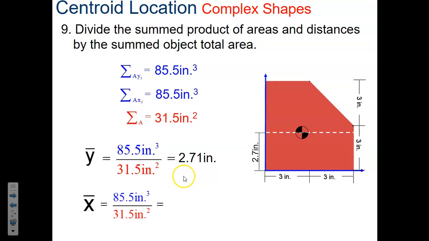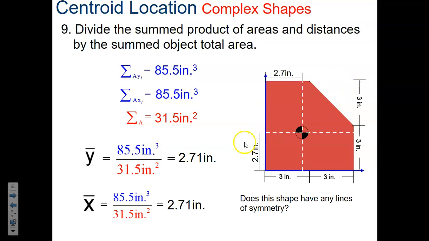You do the same thing for your x direction. Take the sum of AXI divided by the sum of A, and you get the same location. That's because it's the same centroid location in the x and y direction, because we can draw a line of symmetry that goes evenly through both of them.